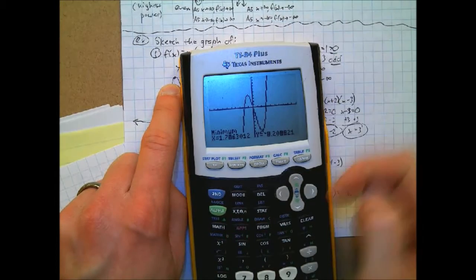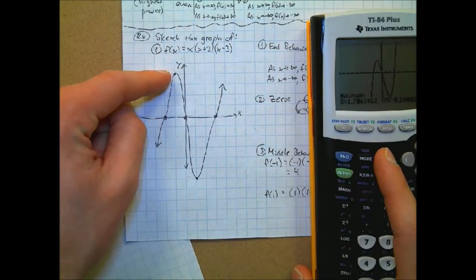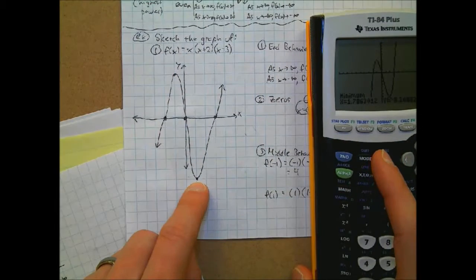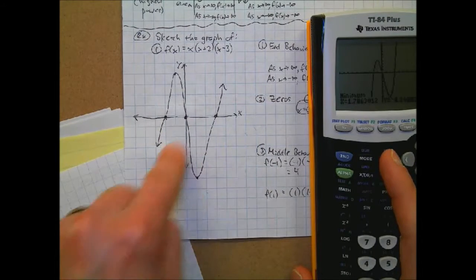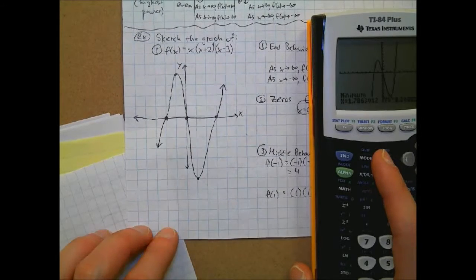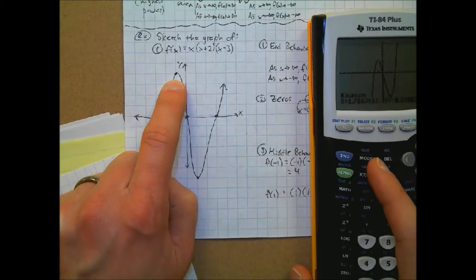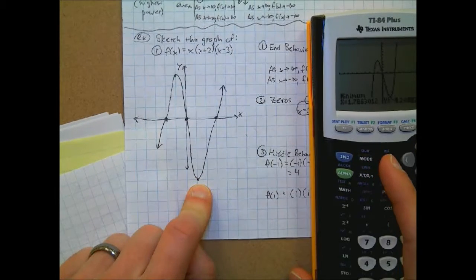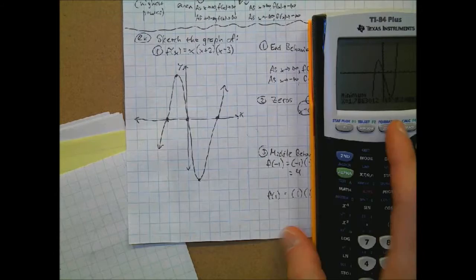But relatively speaking, in this neighborhood of points, that is a maximum. Same thing here. This is not the lowest point of our graph. We're going to keep going down, but in this little neighborhood of points, that is a minimum. If this was the highest point, we would call it the absolute maximum, and if this was the lowest point, we would call it the absolute minimum. But they're relative maximums or relative minimums for now.